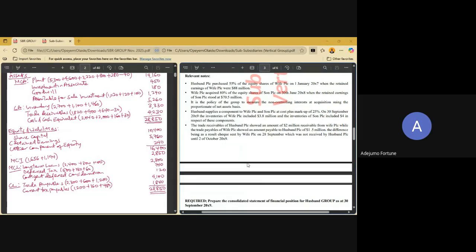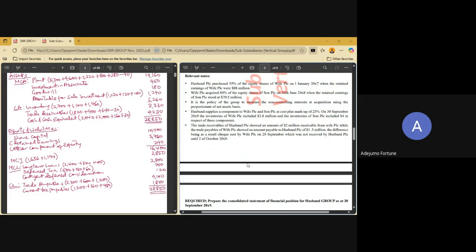Relevant note: Husband PLC purchased 55% of the equity shares of Wife PLC on 1st January 20x7 when the retained earnings of Wife PLC were $88 million. Wife PLC acquired 80% of the equity shares of Son PLC on 30th June 20x8 when the retained earnings of Son PLC stood at $70.5 million.